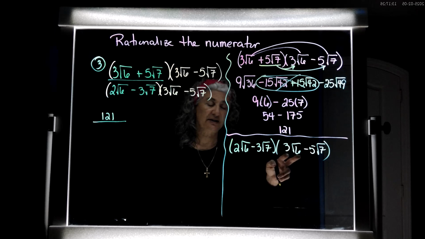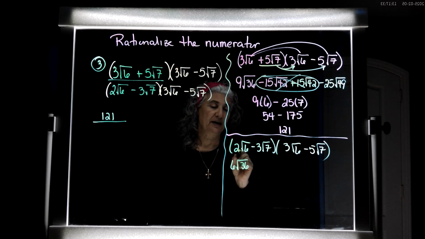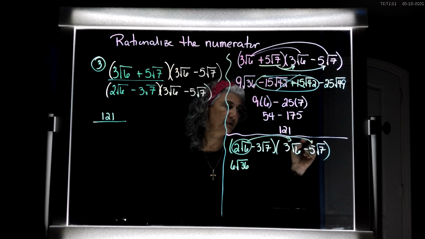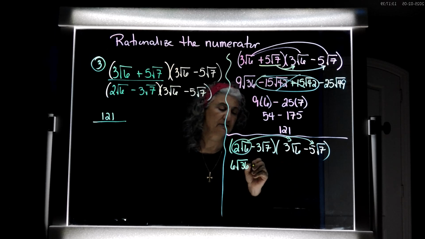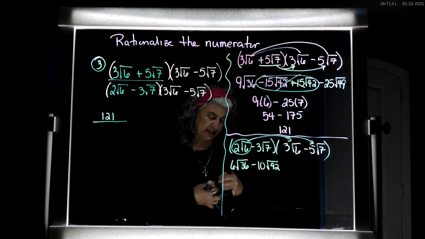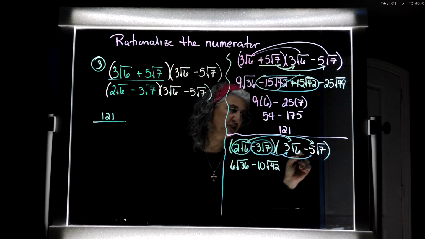Good, 2 square root of 6 times 3 square root of 6. 6 times the square root of 36. Got it. And then you're taking this term and multiplying it not just by the first one, but by that second one also. Negative 10 square root of 42. Good job. Nicely done. And now I get to take this negative 3 root 7 times each of these.